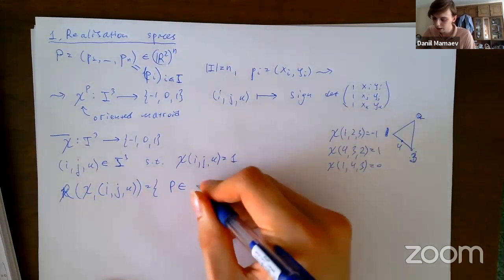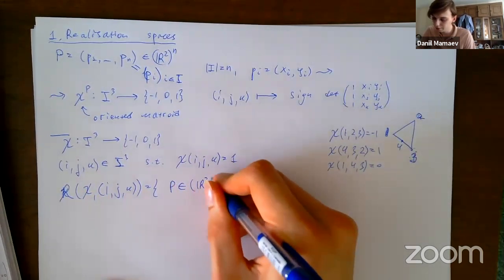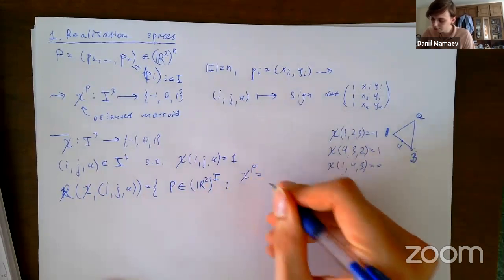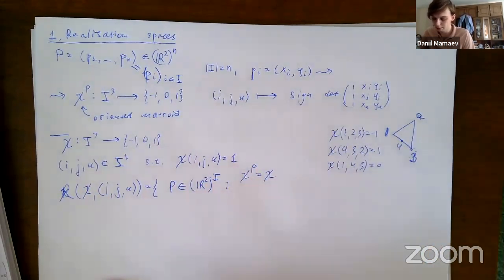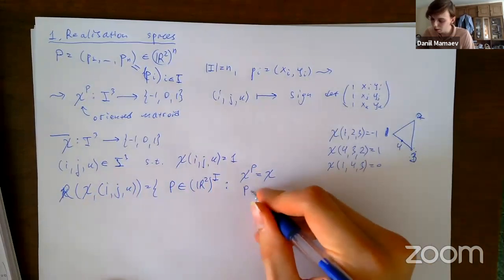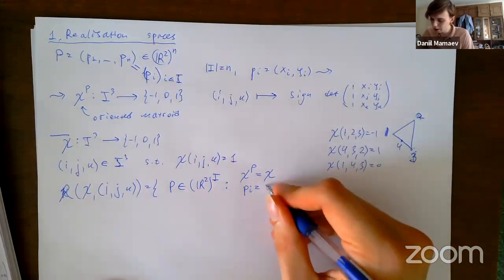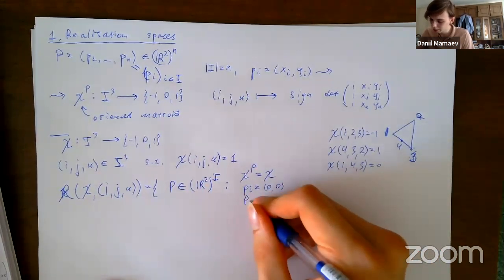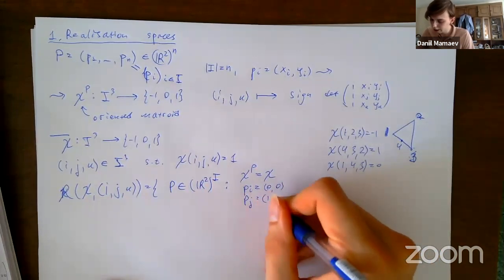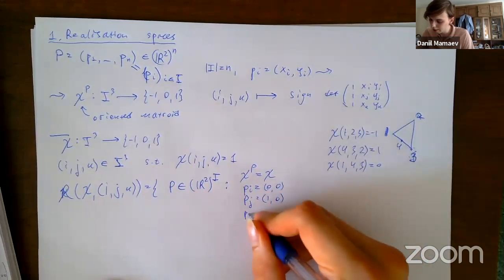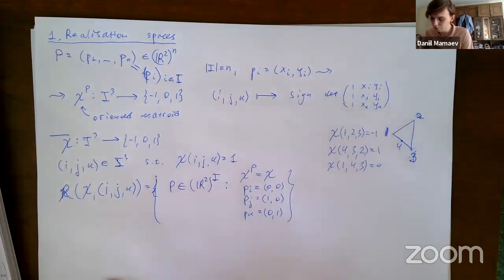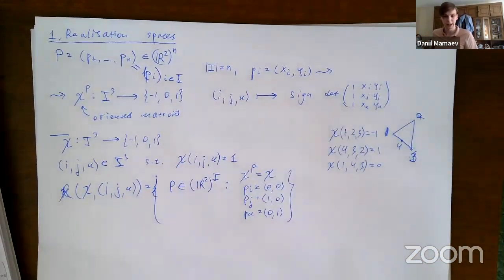as a set of all configurations such that the oriented matroid of this configuration is the given matroid, and the i-th vertex is the origin, the j-th vertex has coordinates 1, 0, and the k-th vertex has coordinates 0, 1. So this is a realization space of a given matroid.